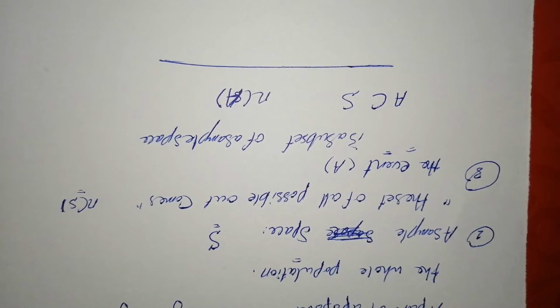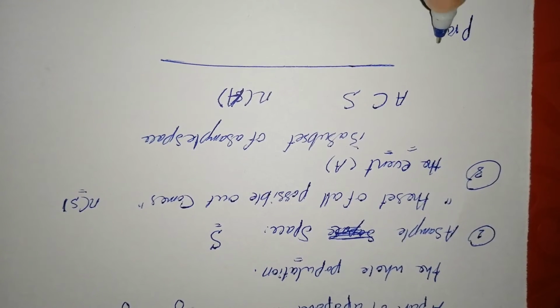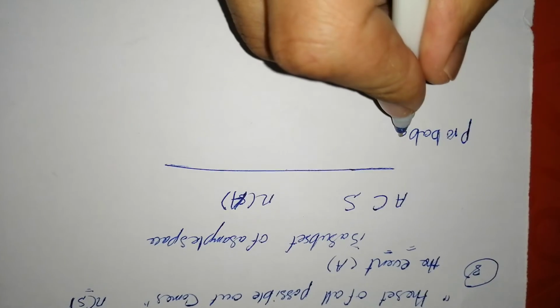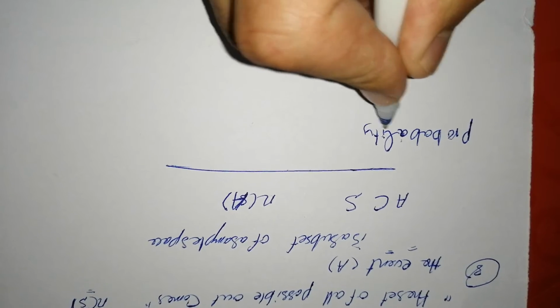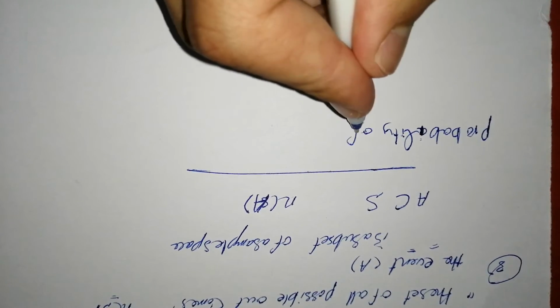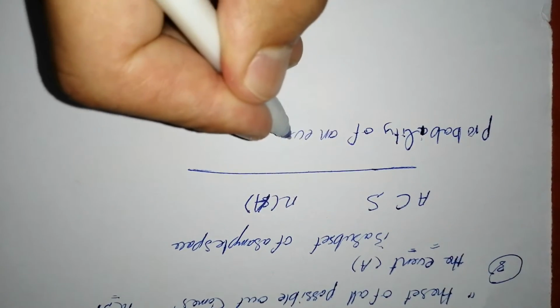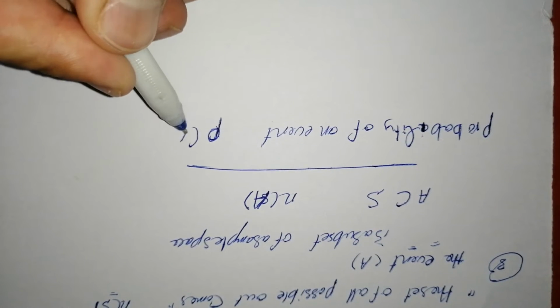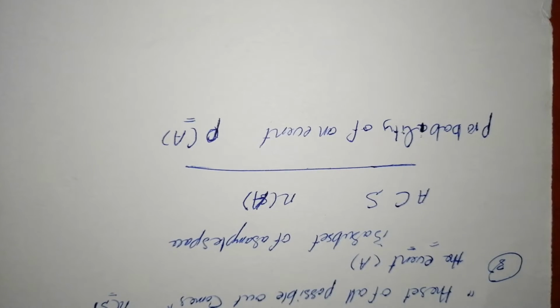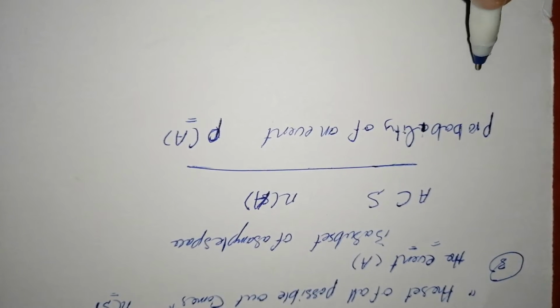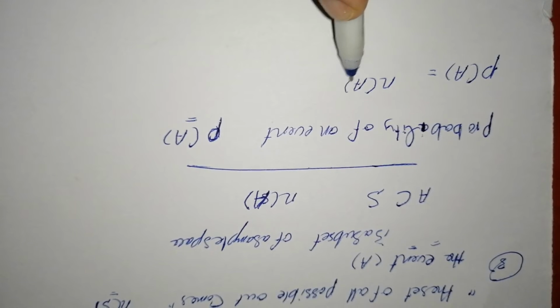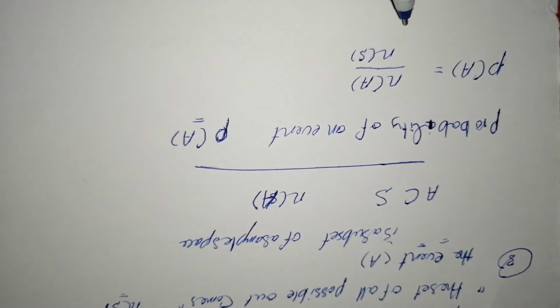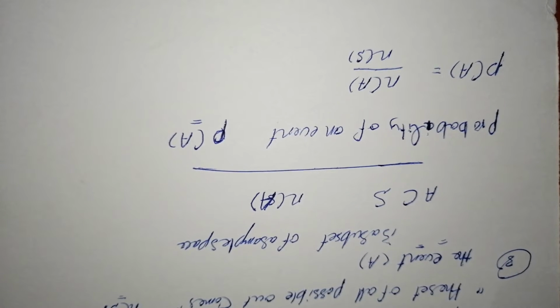Now, we are going to talk about the probability of an event, which is denoted by P of A. P of A means the probability of an event A. P of B means the probability of event B. So P of A is n of A divided by n of S. The number of the elements of the event A divided by the number of the elements of the sample space.